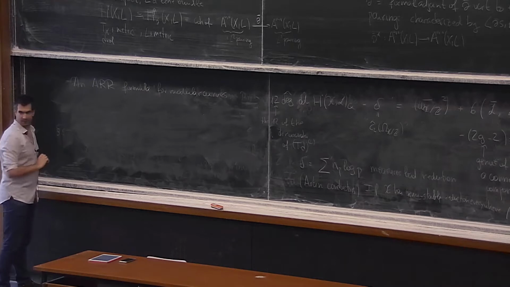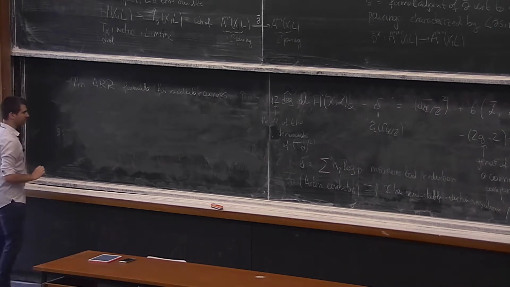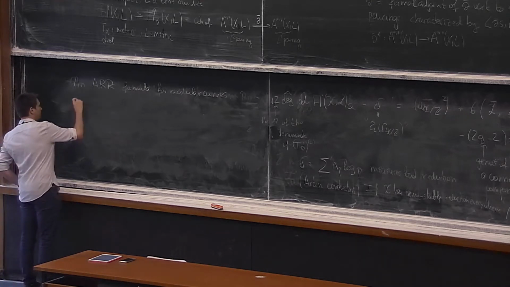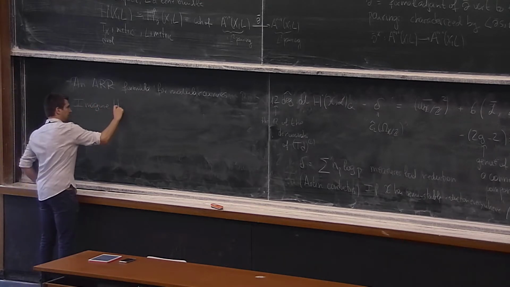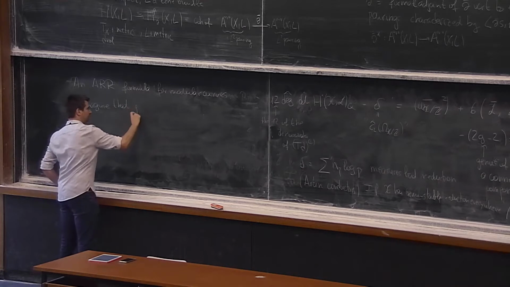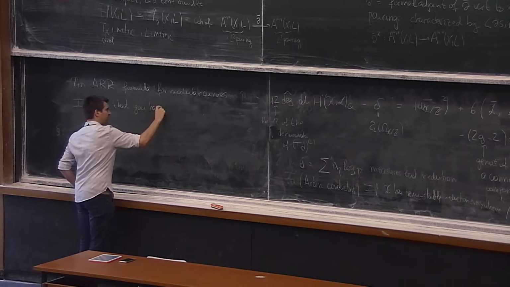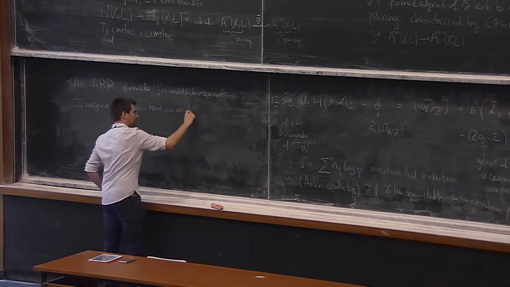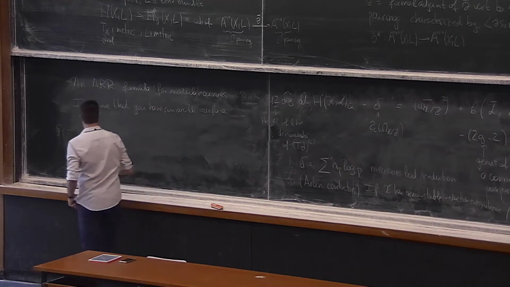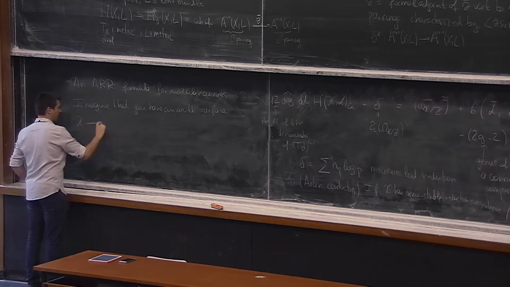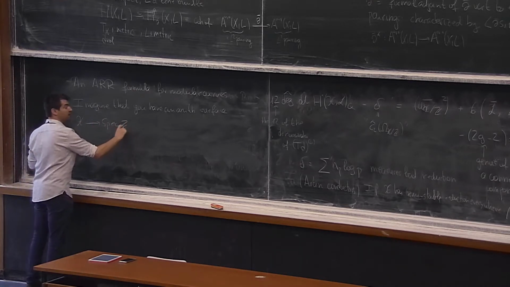So let me just put in words what I just tried to explain. So now imagine that you have an arithmetic surface. Well, I'm not going to give a proof of the theorem of Shimura.